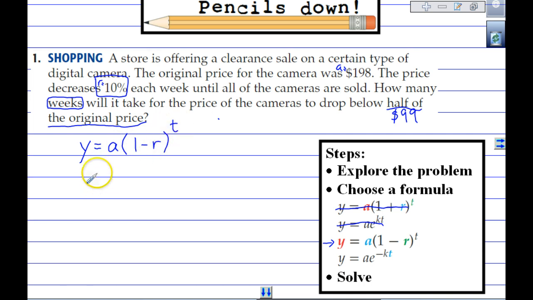We have our y-intercept, A, 198, our starting point. Our rate of 10%, so remember, convert to a decimal, 0.1. And we want to know when this is going to get to $99.